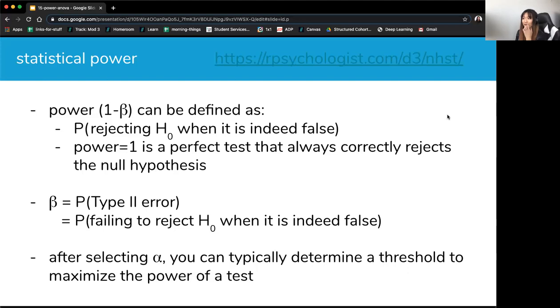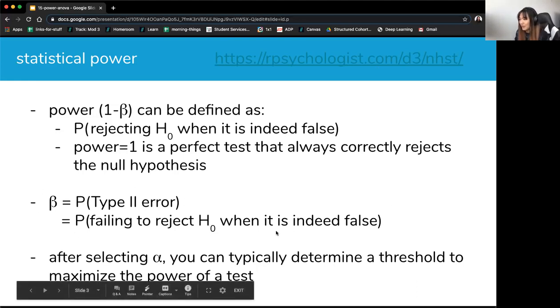So it is a true positive, rejecting the null hypothesis when it is false. And remember that the alternate hypothesis is usually the positive category. So if you have power equal to 1, which is sometimes possible, you basically have a perfect test that always correctly rejects the null hypothesis. So there we have it.